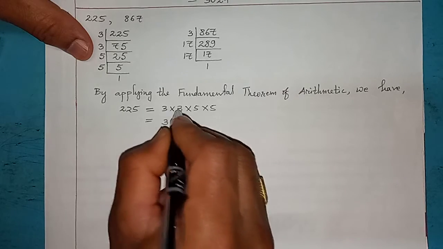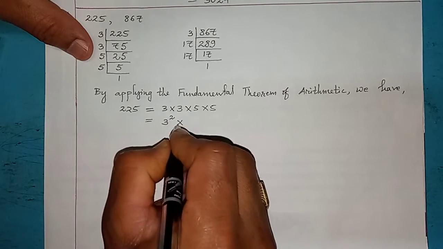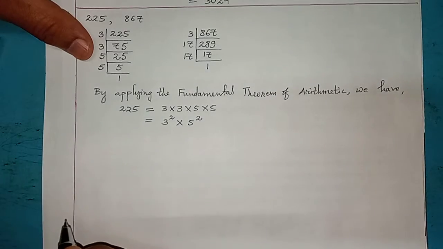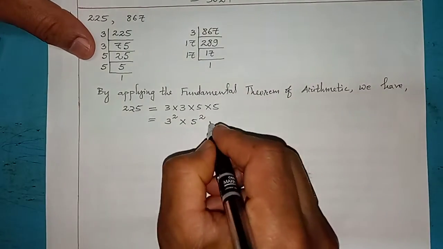Write it once, and then how many times is it coming? 2, so we write in power notation. 5 is also a prime factor, and 5 is coming 2 times, write it as exponent 2, power 2.